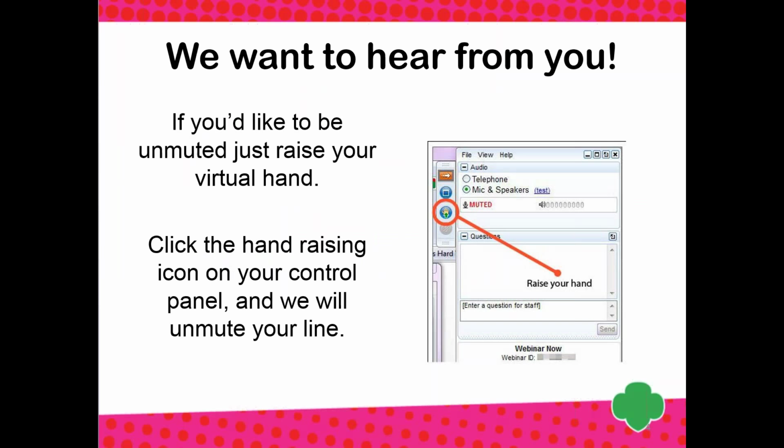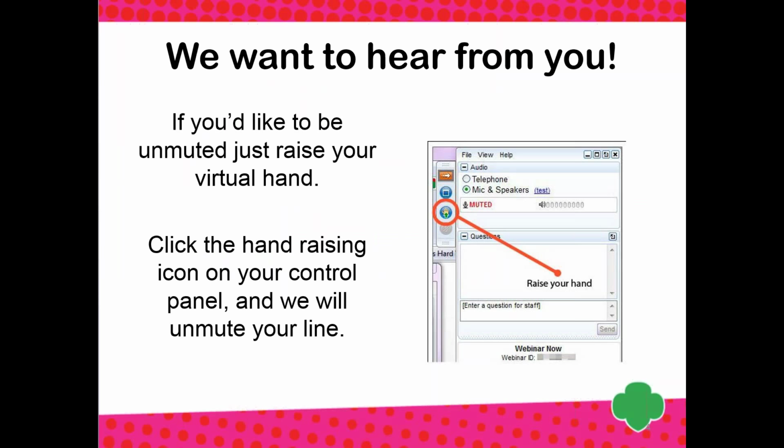And lastly, everyone's line is muted in order to minimize the background noise. But if you'd like to be unmuted, you can just raise your virtual hand. You do this by clicking the hand raising icon on your control panel. It looks like a round blue button with a yellow hand inside.